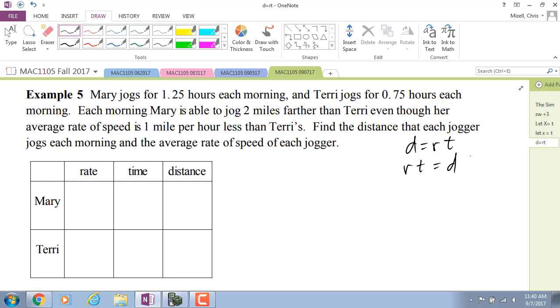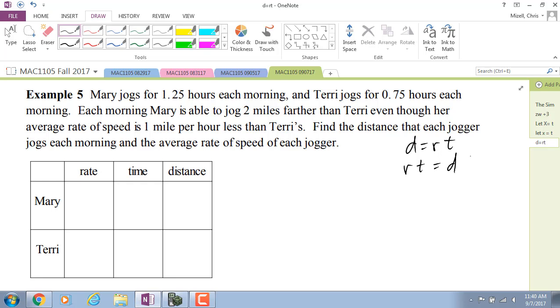There's a relationship between their distances that's given: one goes 2 miles farther than the other. There's a relationship between their rates that's given: one is 1 mile per hour faster than the other. Find the distance that each jogger jogs each morning and the average rate of speed of each jogger. So 4 unknowns here, 2 distances, 2 rates. But what's known is the time.